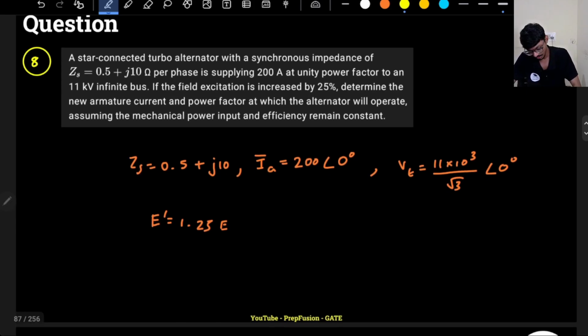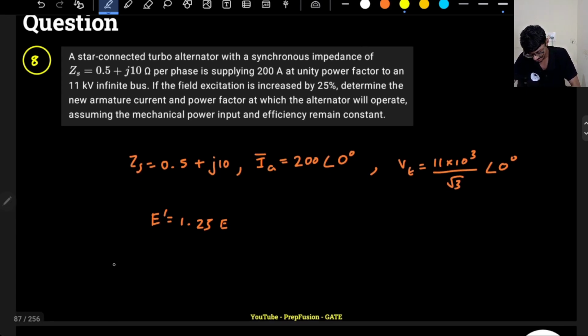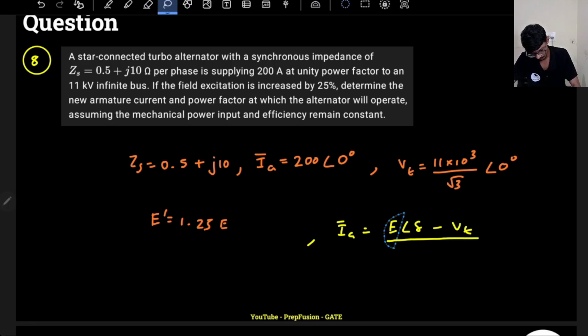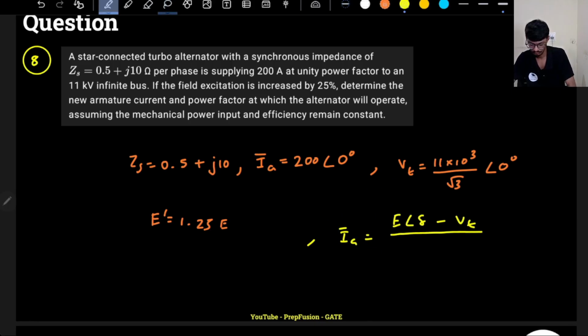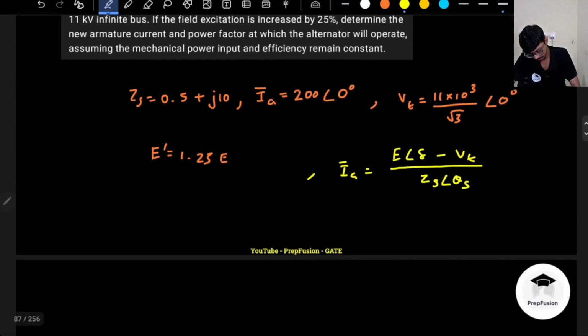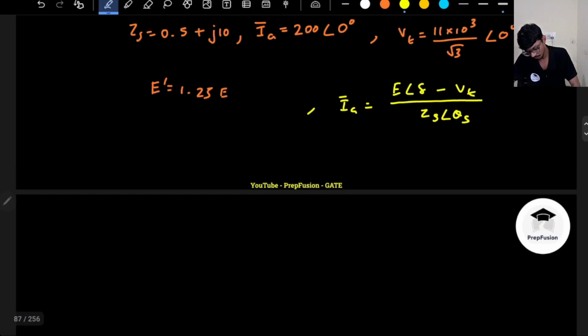So again, now I have to find out the input power. So what is Ia again? Ia will be E angle delta minus Vt, into Zs.